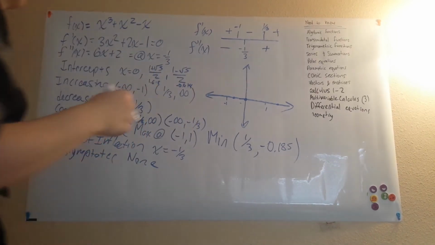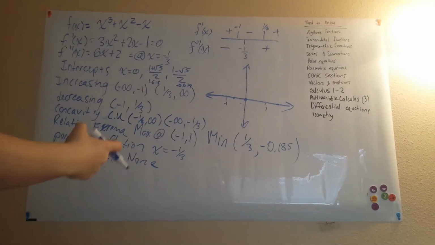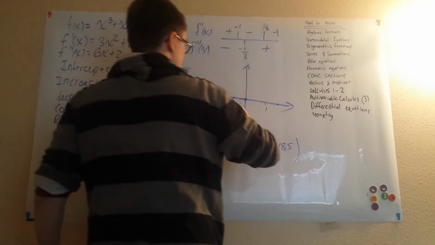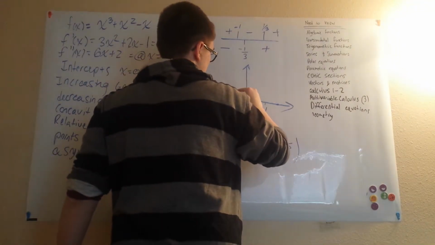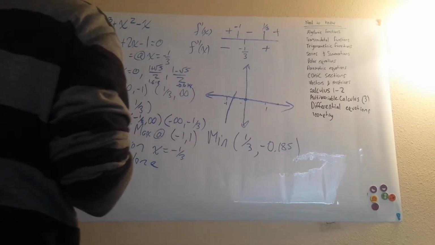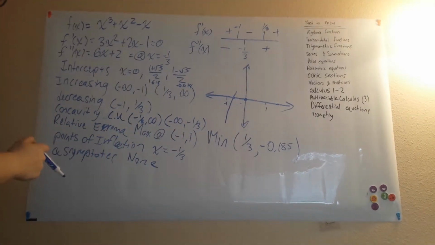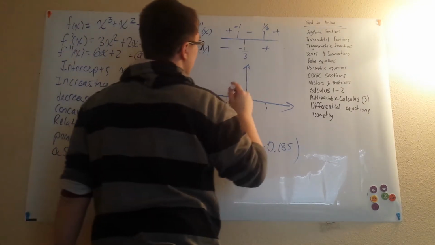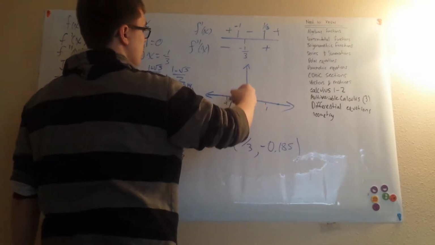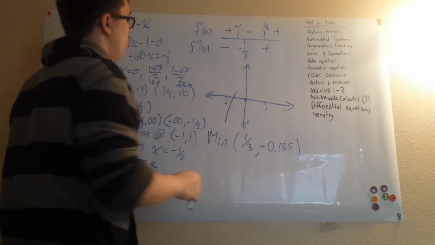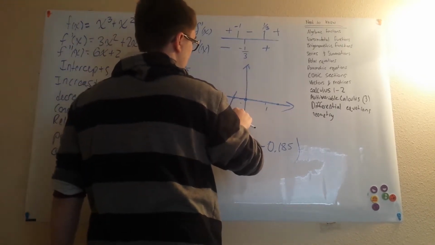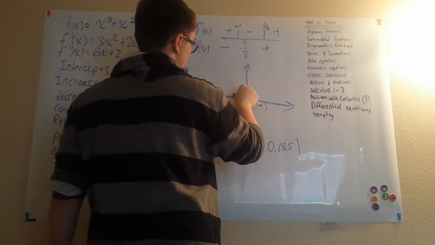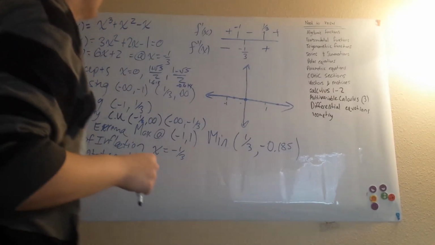Okay? So we're concave down, but we're increasing. So we're going like this. And we have a max at 1, right? So we're from, well, no. Hold up a sec.